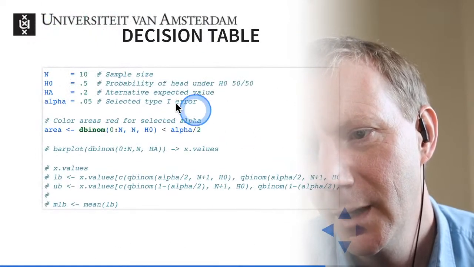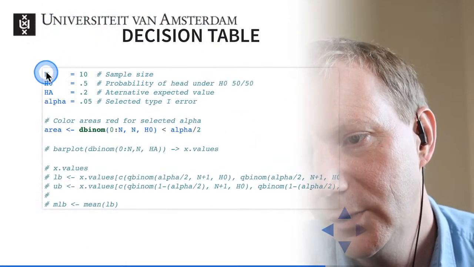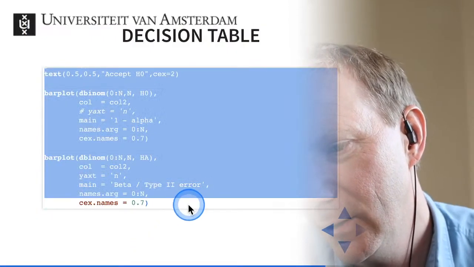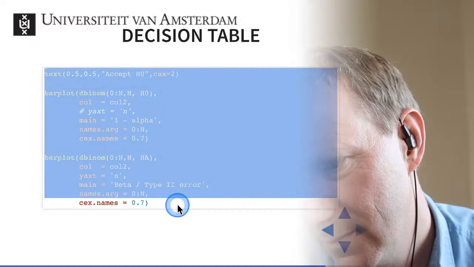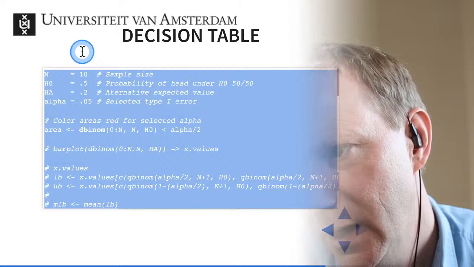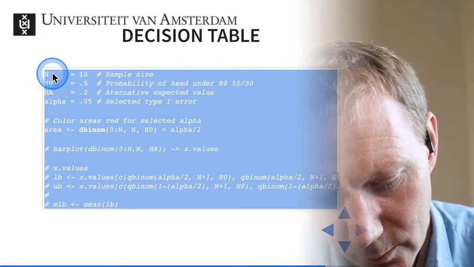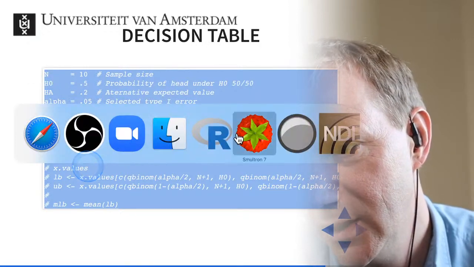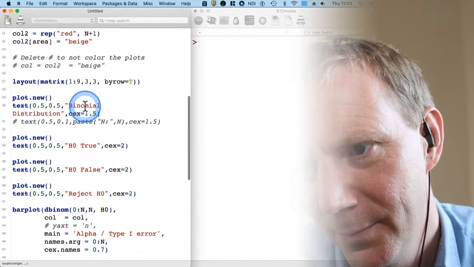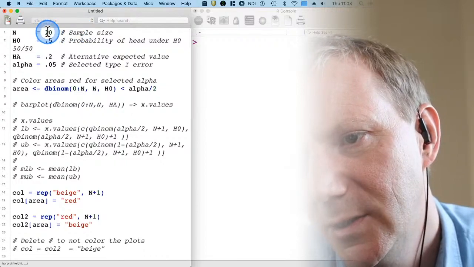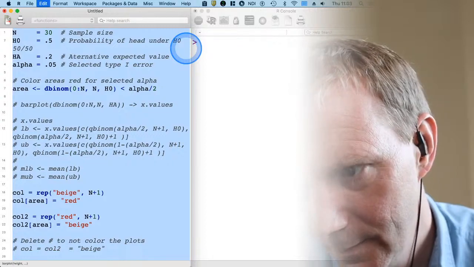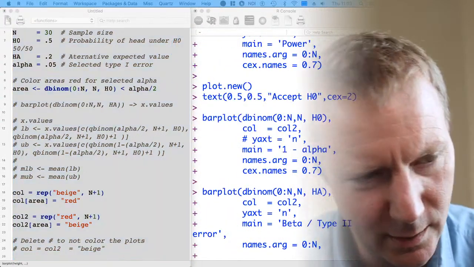So if you have this code, you could also say, well, what would be the effect if I would increase the sample size, because we've talked about this a lot. So for example, if I would say instead of throwing 10 times, I would like to throw 30 times, what would this look like?